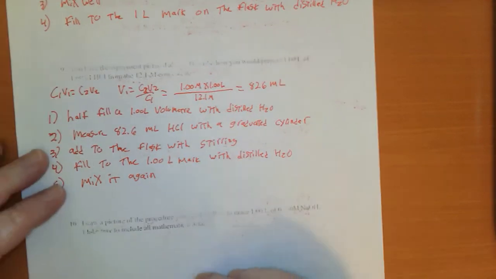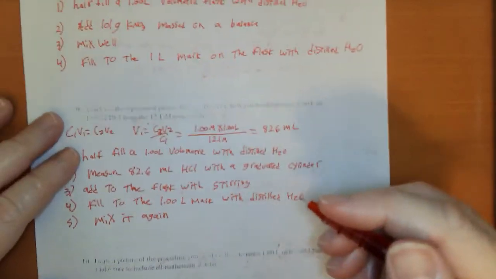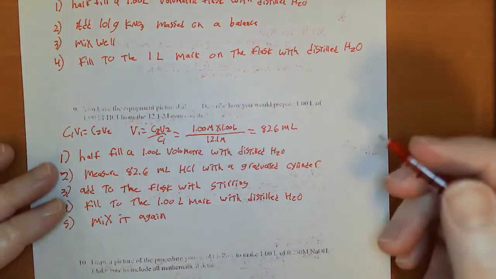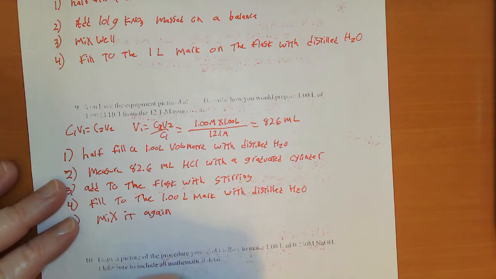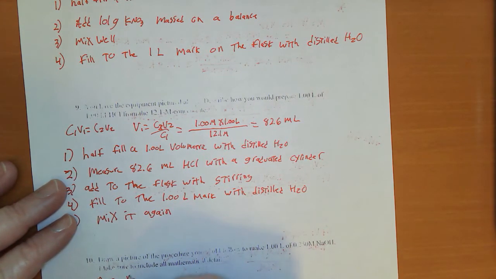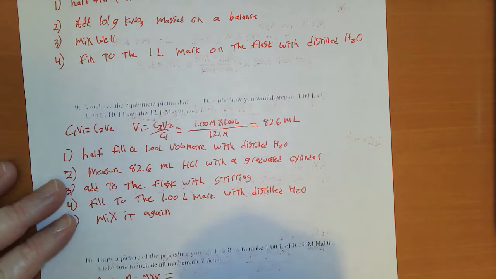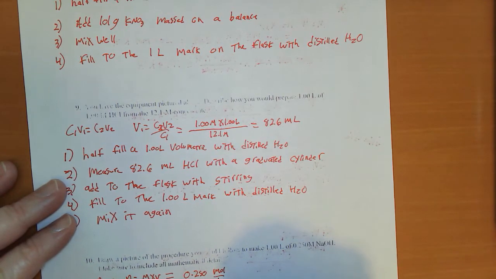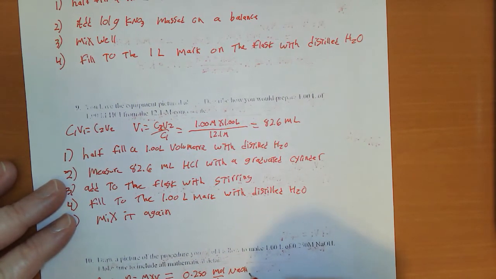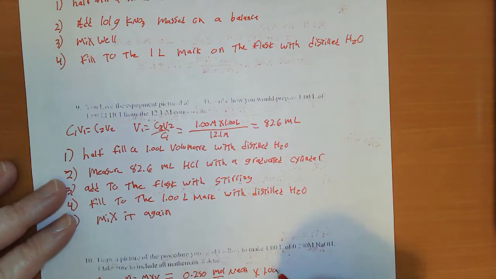All right, so for number 10, I am not an artist. Trust me on that. So, molarity is moles over volume, which means moles is molarity times volume. And I have 0.250 moles per liter of NaOH times 1.00 liters.